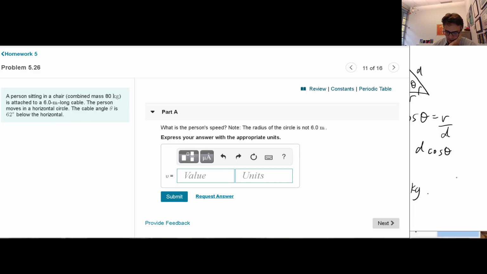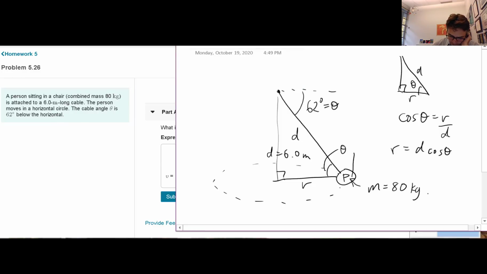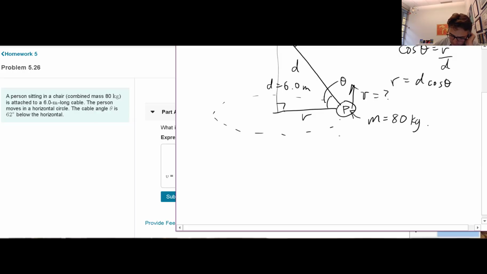What is the person's speed? Doesn't give you much, eh? So we are trying to find v. So what I think is going on here, we can say that it's accelerating inwards. Acceleration in the r direction is equal to v squared divided by r.